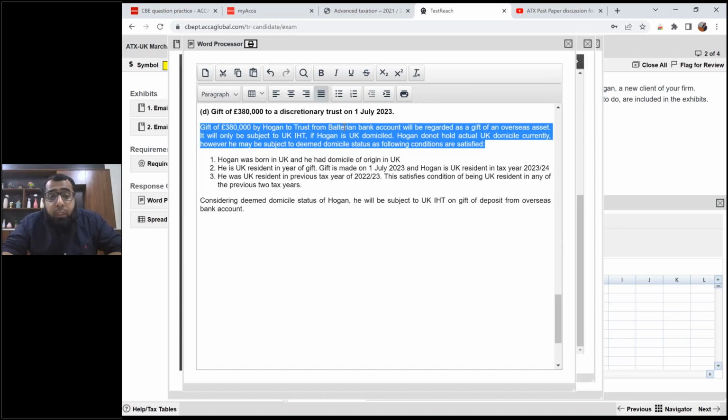Gift of 380,000 by Hogan to trust from Baltinian bank account will be regarded as gift of overseas asset. It will be subject to UK IHT if Hogan is UK domicile. Now, Hogan does not hold actual UK domicile currently. However, he may be subject to deemed domicile status as the following conditions are satisfied. Number one, you are born in UK.